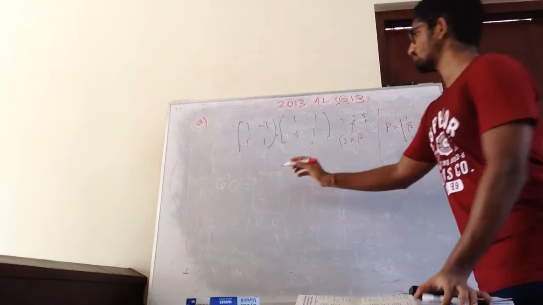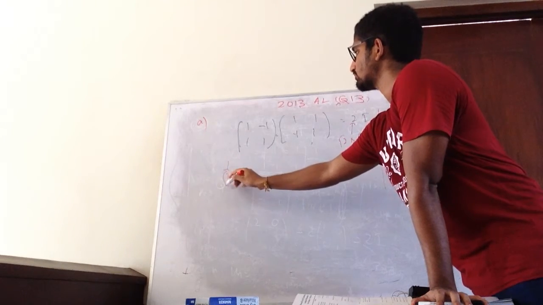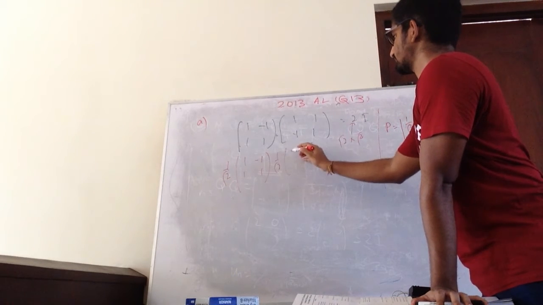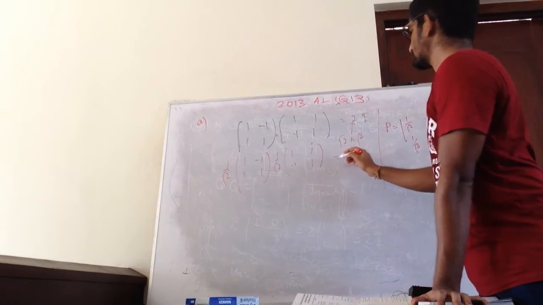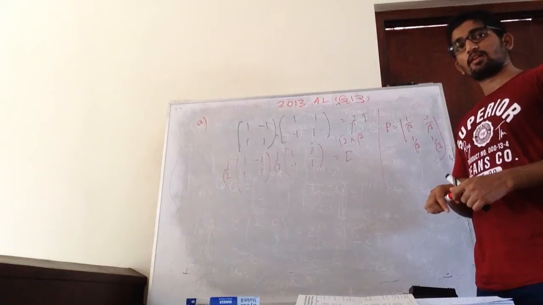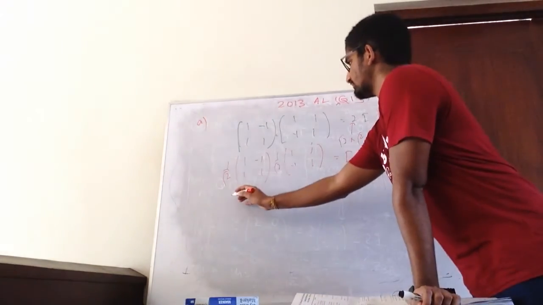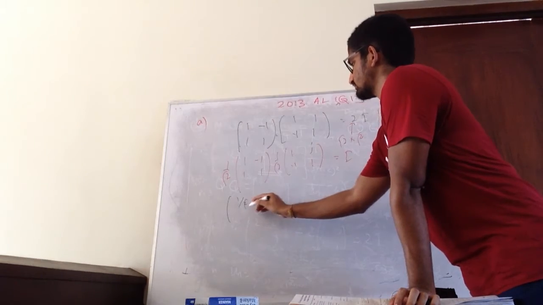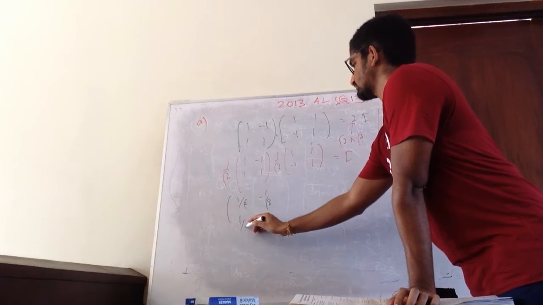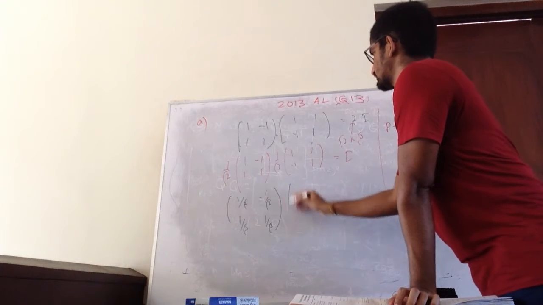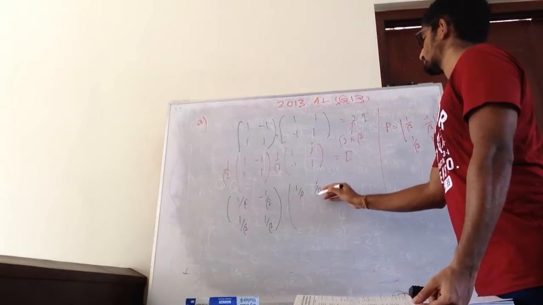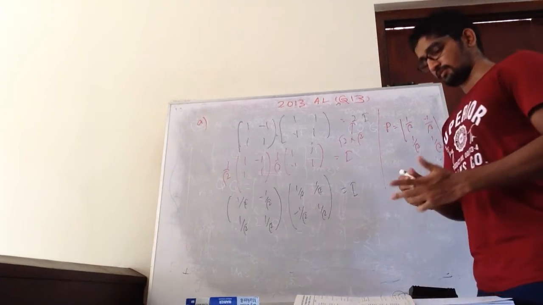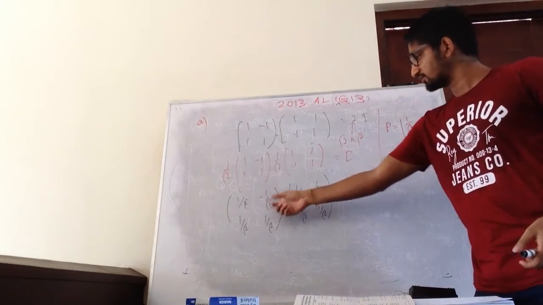So I am going to get that over square root 2, and I am going to put another square root 2 here, equal to I. Now what is this?